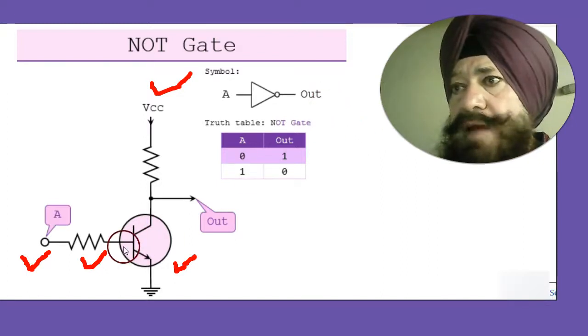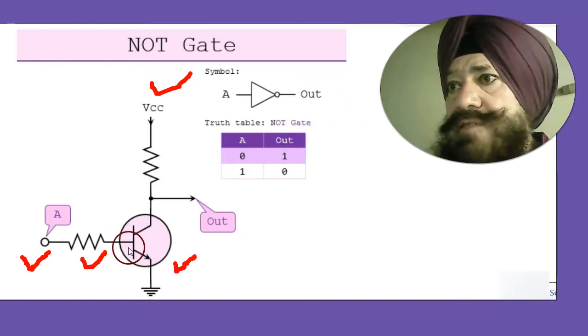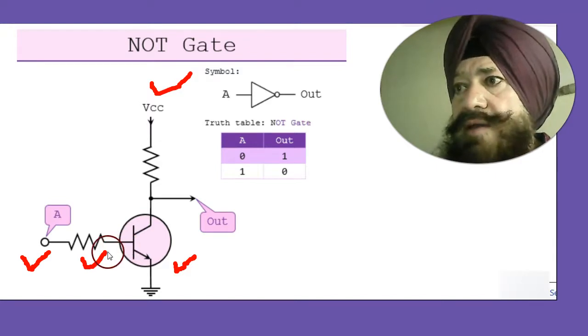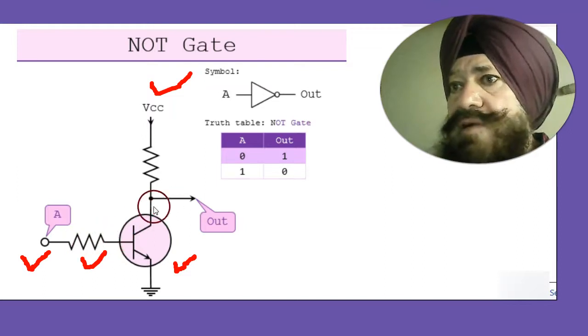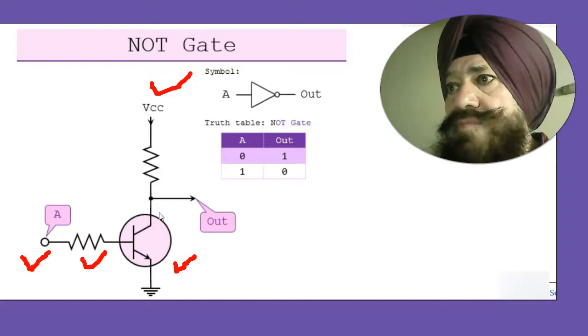No power is supplied to the base of the transistor, and as the base current is zero, the collector current will be zero.